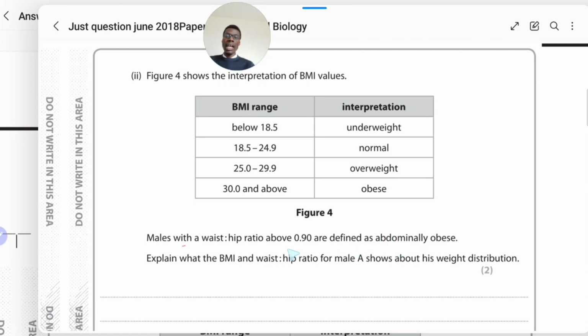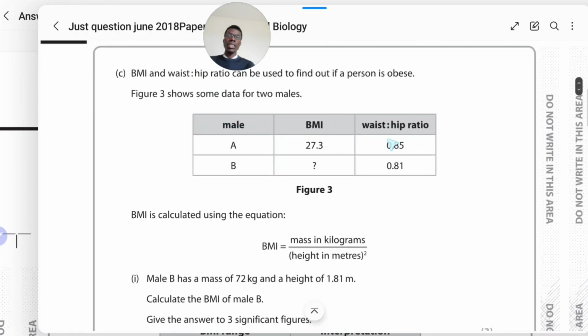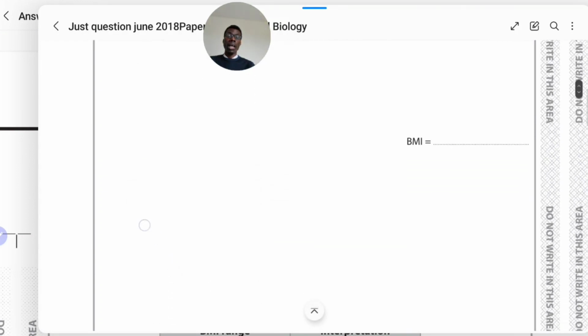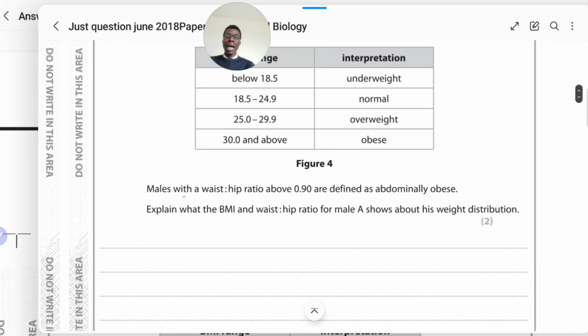Now, explain what the BMI and waist to hip ratio for male A show about his weight. Any value above this means the person is abdominally obese. Let's look at male A. His waist to hip ratio is just 0.85, so that's not up to the value given here. So attempt the question.